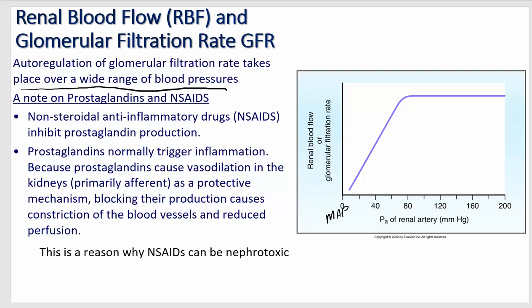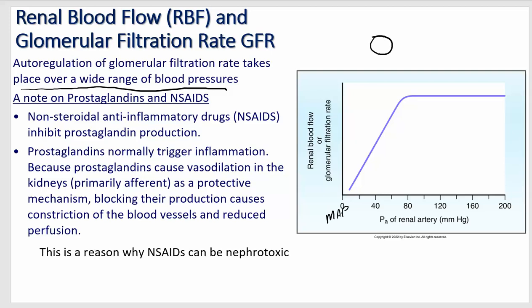The nonsteroidal anti-inflammatory drugs inhibit prostaglandin production. Remember that prostaglandin was causing some of that vasodilation. Normally these prostaglandins trigger inflammation, but in the kidneys they cause vasodilation, as a protective mechanism, so we don't have a runaway sympathetic vasoconstriction. I'm oversimplifying there, but that's essentially what they're doing. If we block that production, it leads to constriction of the blood vessels.